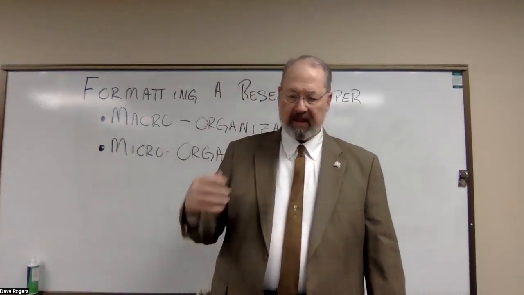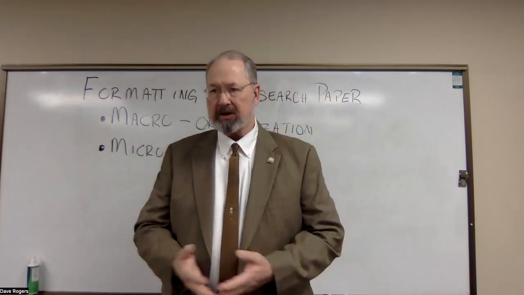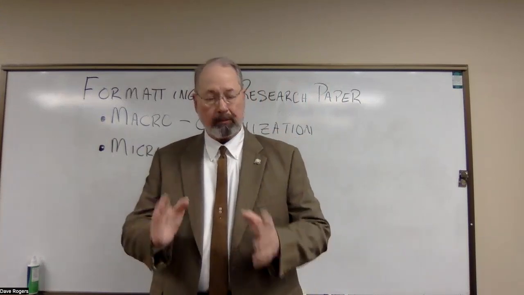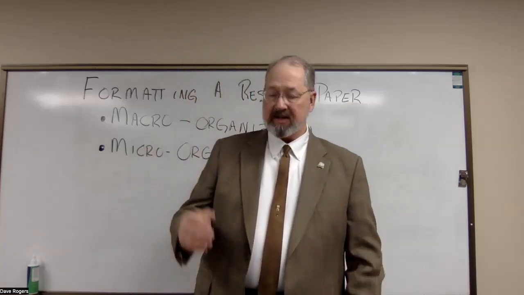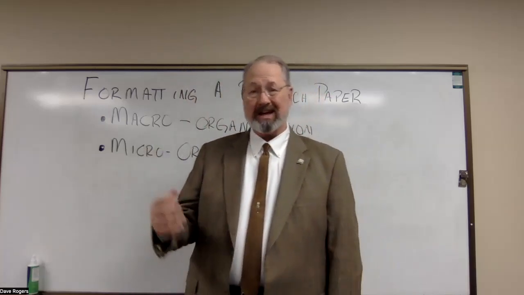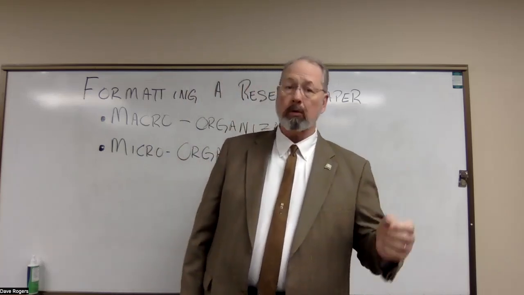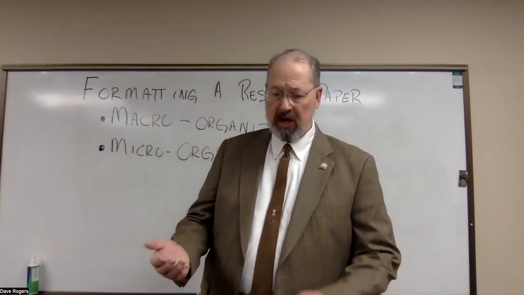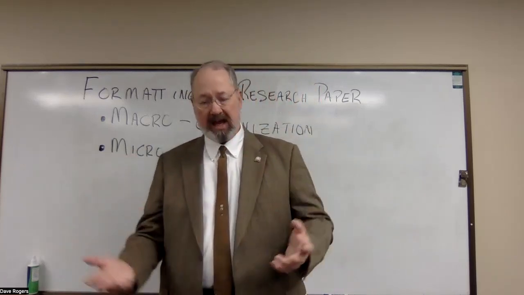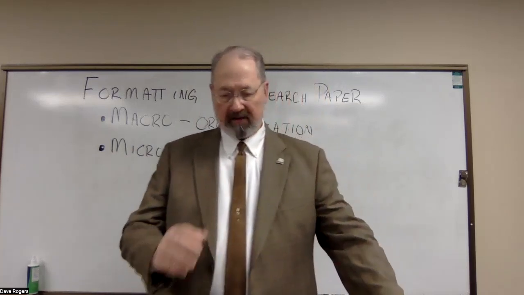Part number 1 would be the preliminary pages, whatever introductory pages are required for that particular format. And that might include a cover sheet or a title page, sometimes a cover sheet and a title page, a table of contents if it's needed or required, lists of illustrations, lists of charts, lists of tables, if the paper includes 2 or more of any of those.